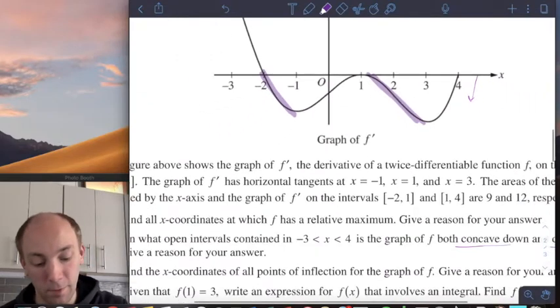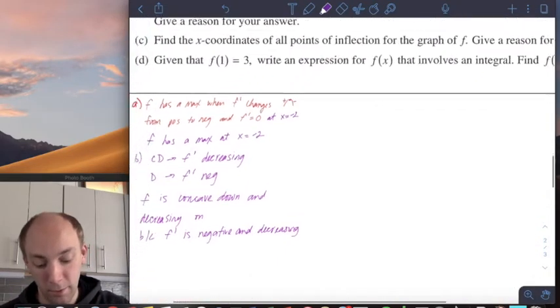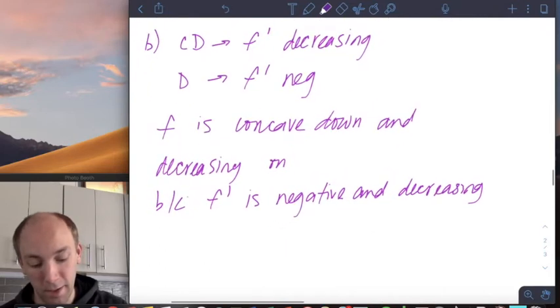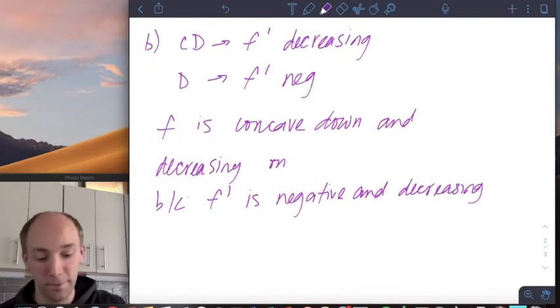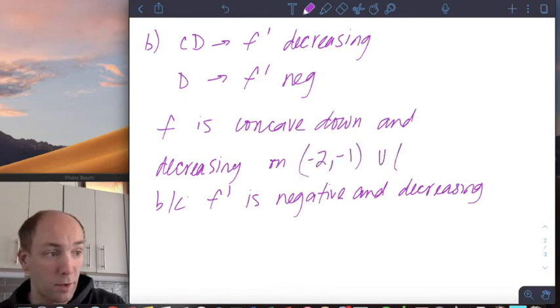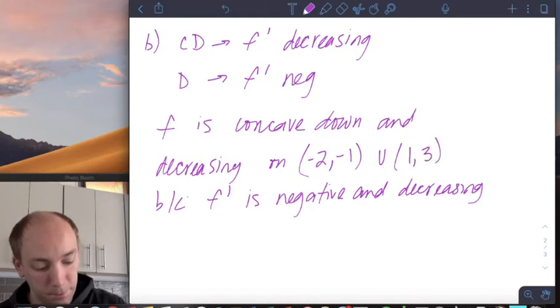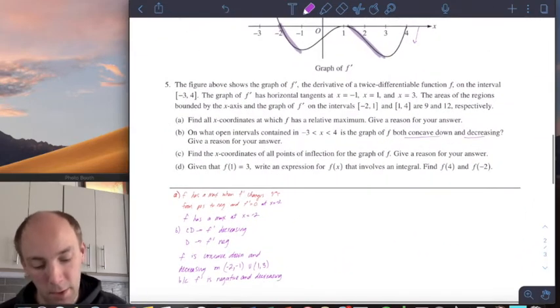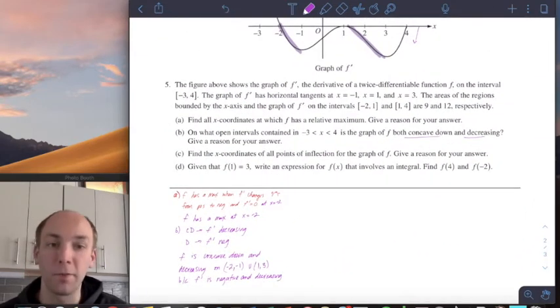So my original function is concave down and decreasing on -2 to -1, like we said, and from 1 to 3. That's where my graph of f is both concave down and decreasing.